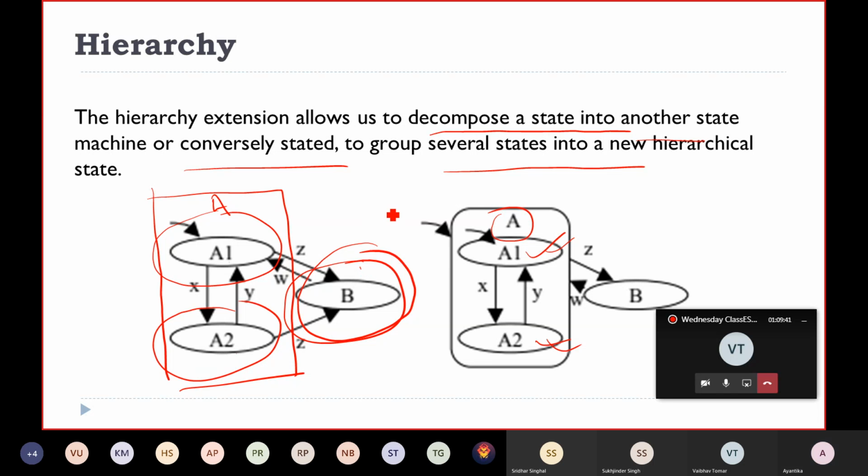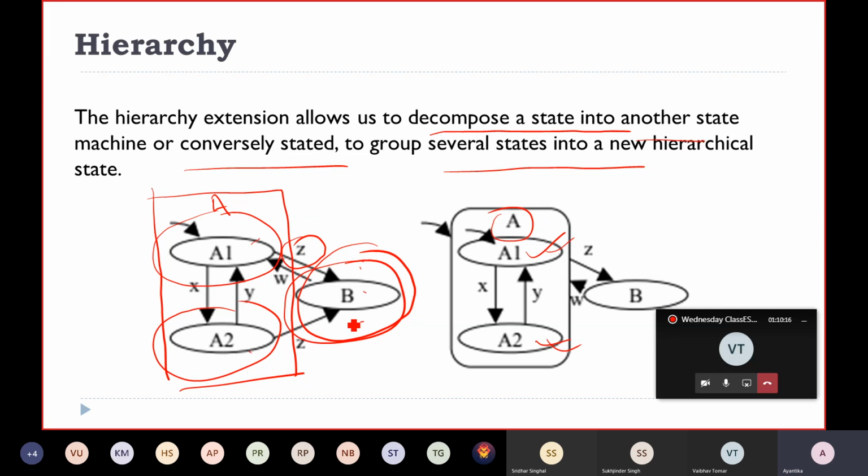Now, how are you defining it? Observe the speciality of these two states. When you are making a transition from A1 to B or A2 to B, in both cases you have one single condition Z to be satisfied. That is your transition condition. So from A1 to B or A2 to B, whatever the case, when this transition condition Z is satisfied, you can make the transition.